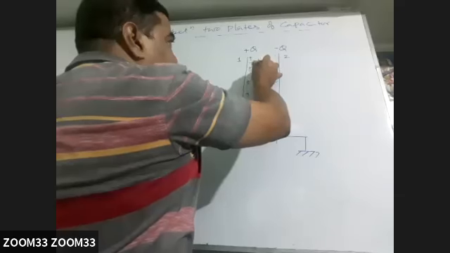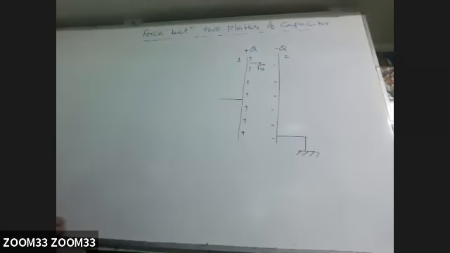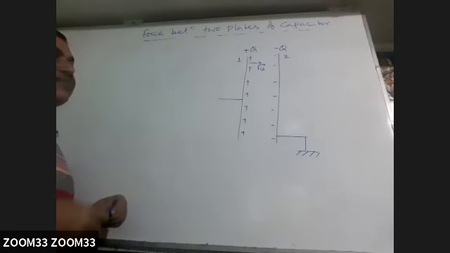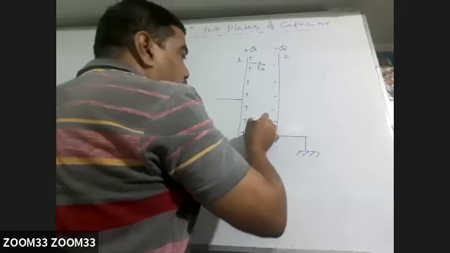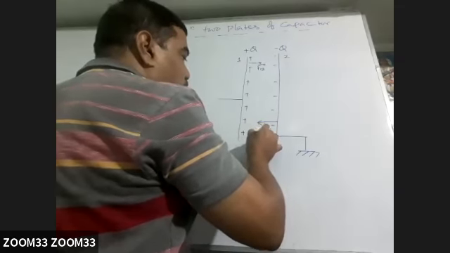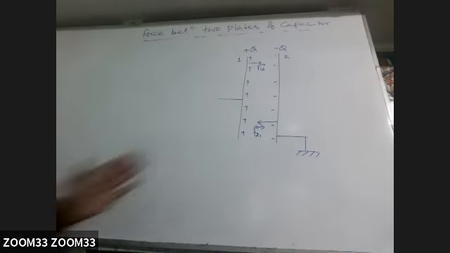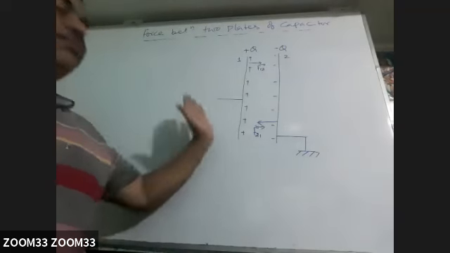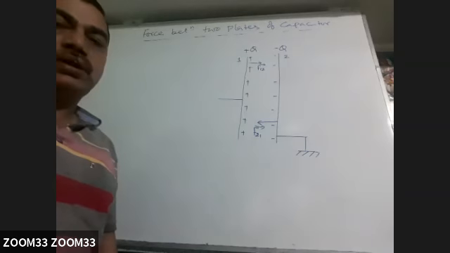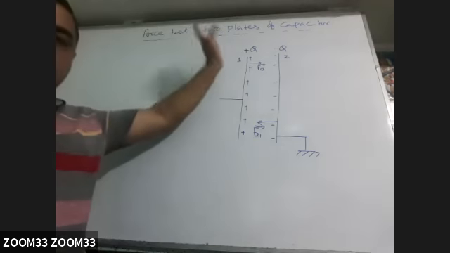So this is F12, that is force experienced by first plate due to second plate, whereas this one is F21. So this will experience force towards positive plate, and positive plate will experience force towards negative plate. Is it clear? Board is clear?